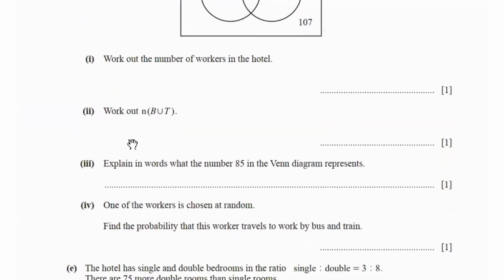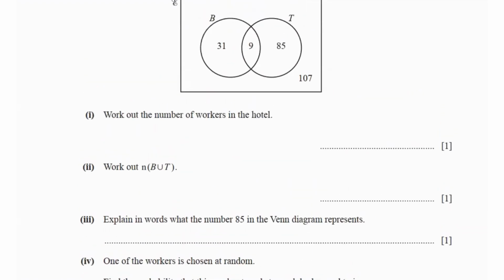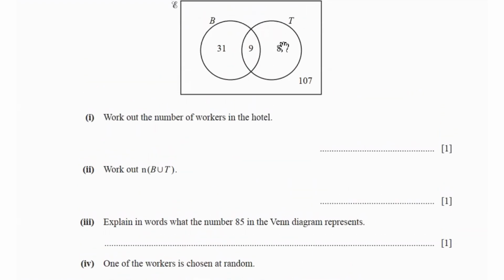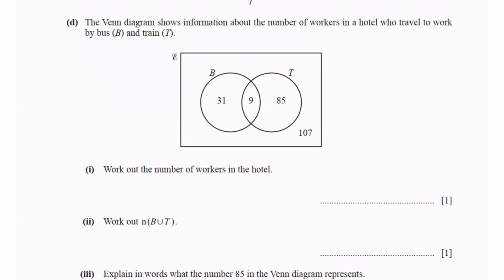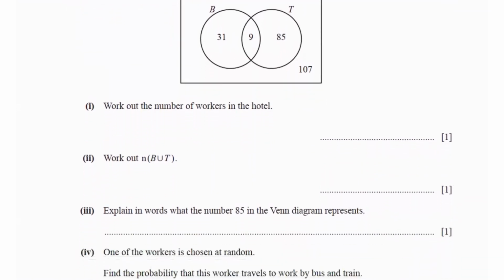Next part says explain in words what the number 85 in the Venn diagram represents. So as you can see, 85 isn't part of the common elements. So 85 is the number of workers who just travel by train.